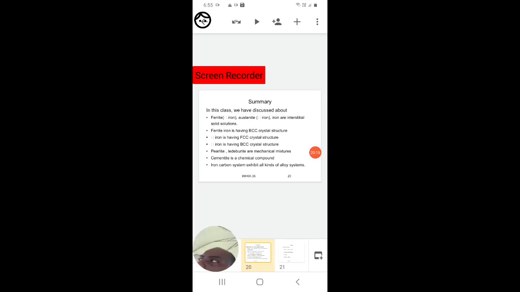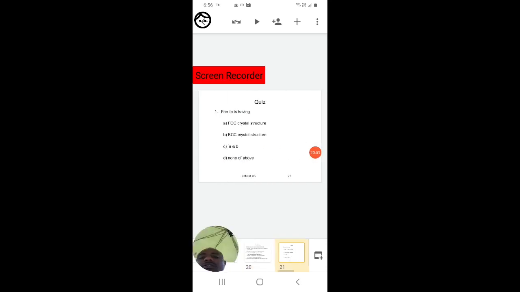Cementite is a chemical compound, and the remaining ones, ferrite and austenite, are interstitial solid solutions. That's why the iron carbon system exhibits all kinds of alloy systems.